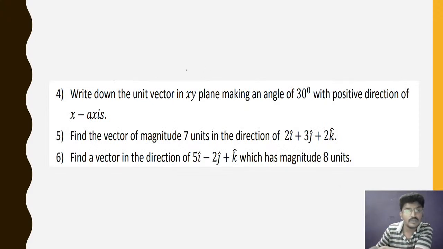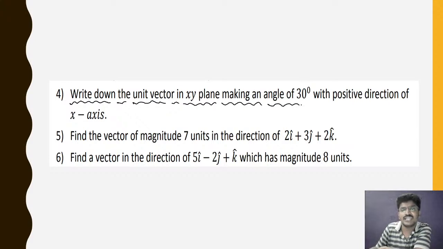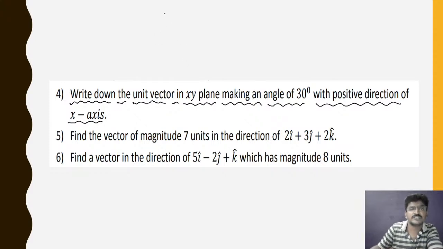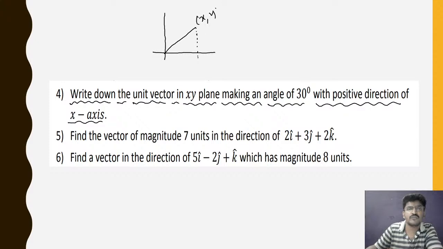Write down the unit vector in xy plane, making an angle 30° with positive direction of x-axis. See this? Write down the direction of x-axis. That means, my dear students, the vector in the xy plane, so this is x comma y.